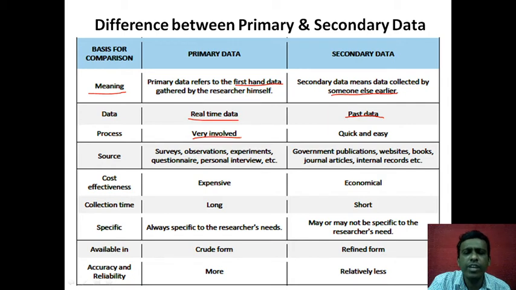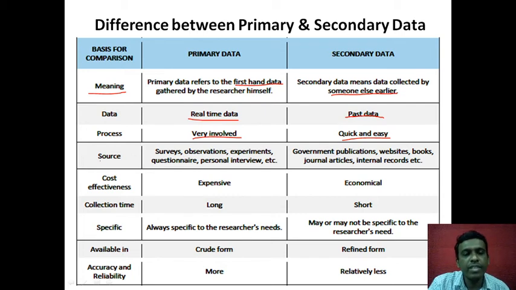The researcher and the enumerators are very much involved, because they need to go to the field, get the questionnaires filled, get the interviews done, schedules filled, observation sheets filled. On the other hand, secondary data is already published and readily available, so it is very quick and easy for the researcher to get it.